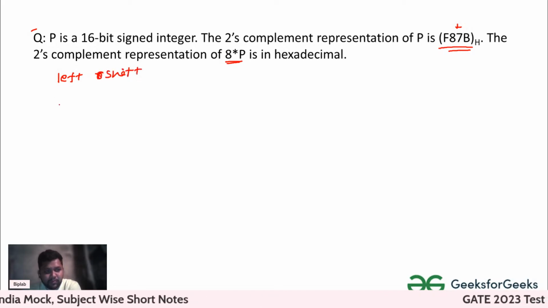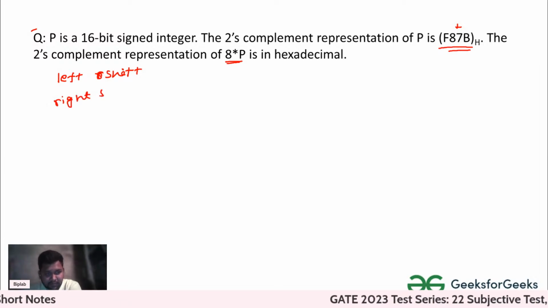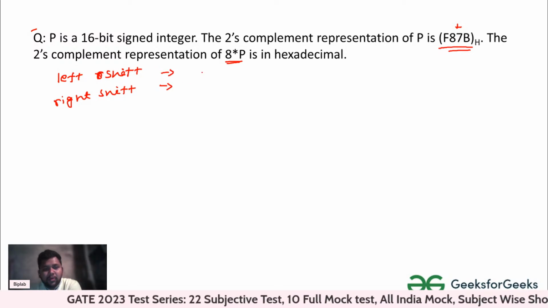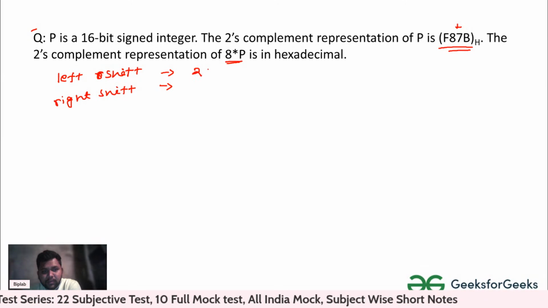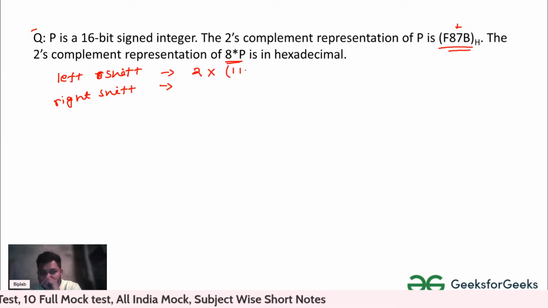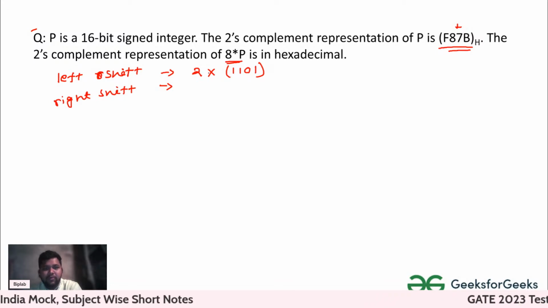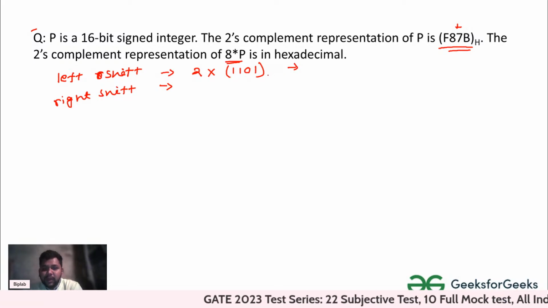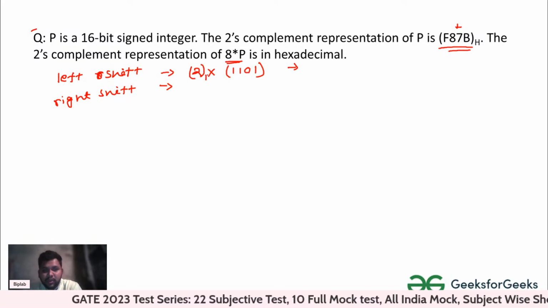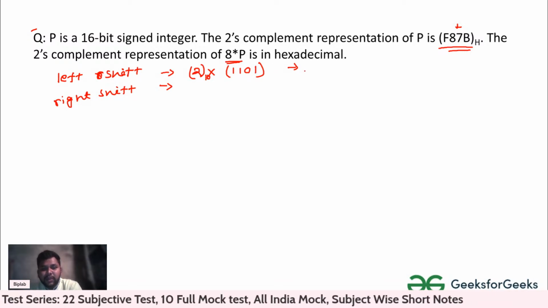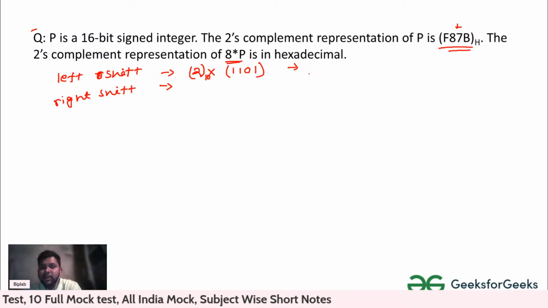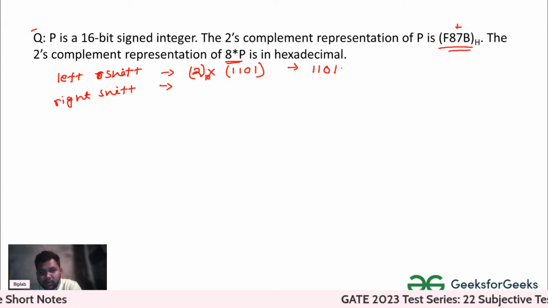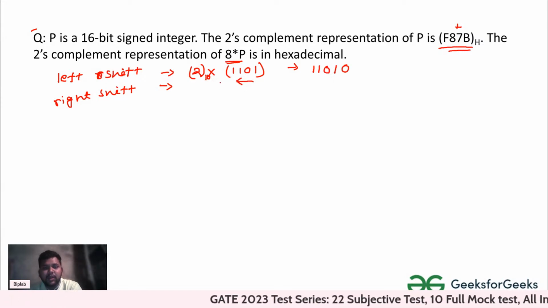When you want to multiply, let's say, 2 with the number 1011, I'm talking about decimal here, instead of multiplying directly, you can do a left shift operation, which multiplies it by 2, that is 1001 and you append 10, so you have shifted to the left side.